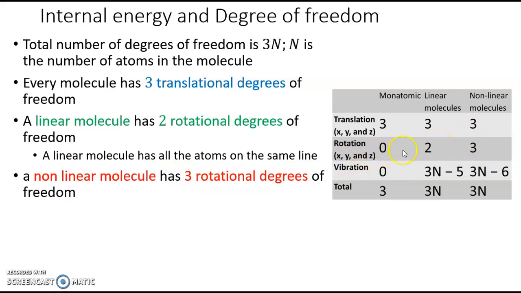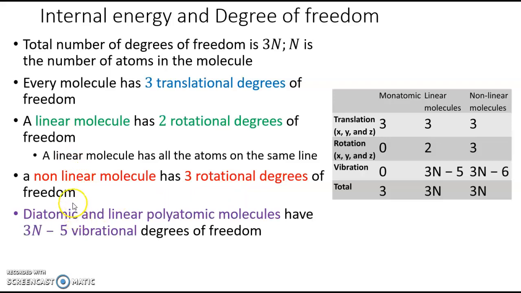That's because rotation along the internuclear axis does not produce any energy. So again, linear molecules are diatomic molecules and some other polyatomic molecules. That means we have 3 plus 2, that's 5. 3 plus 3 for non-linear.